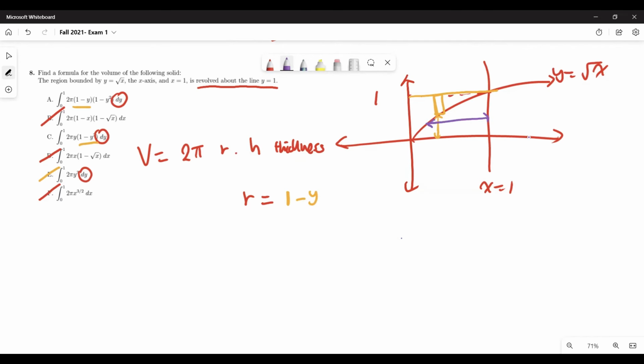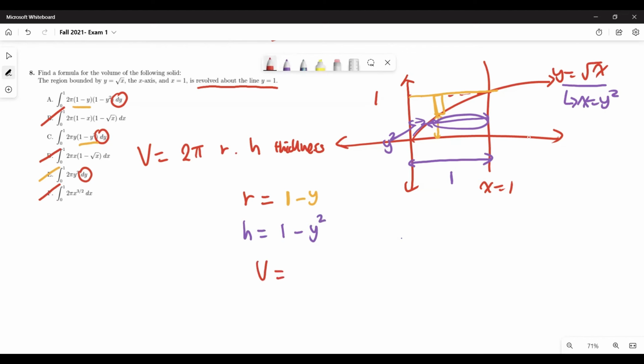So when we want to find the height, we have to write it with respect to y. So we rewrite y equals square root of x as x equals y squared. So this much is y squared, and the entire line is 1. So if you want to know this much, the height will then be 1 minus y squared. So we have every component.